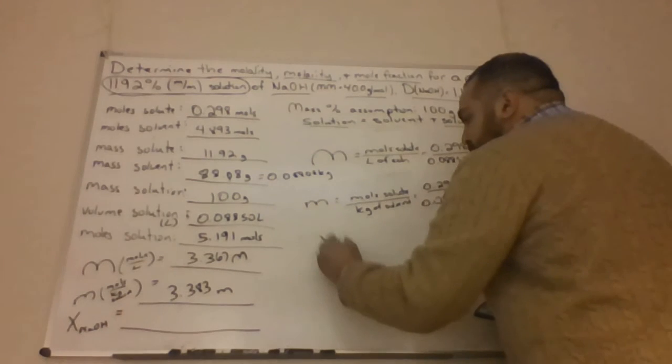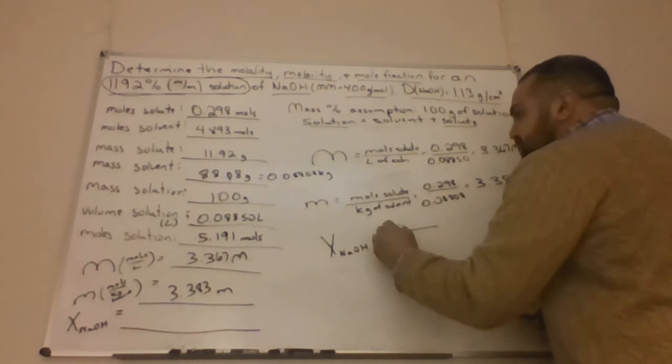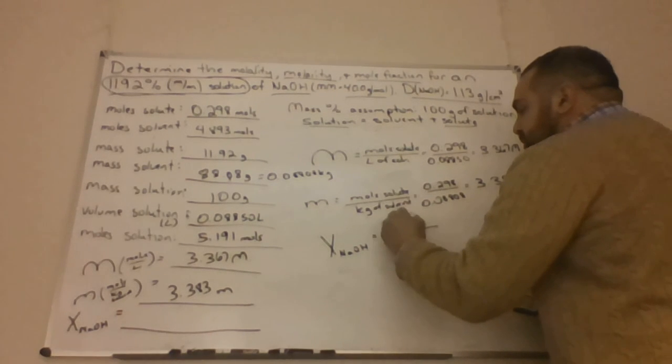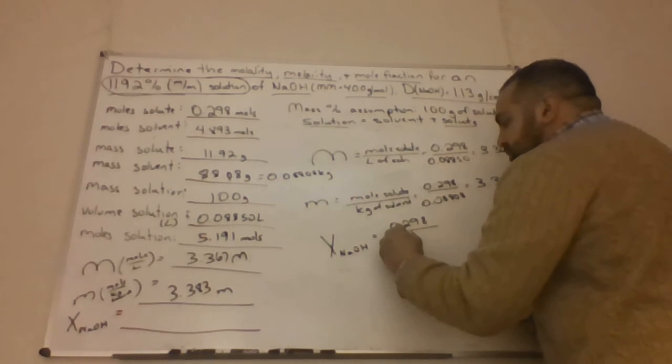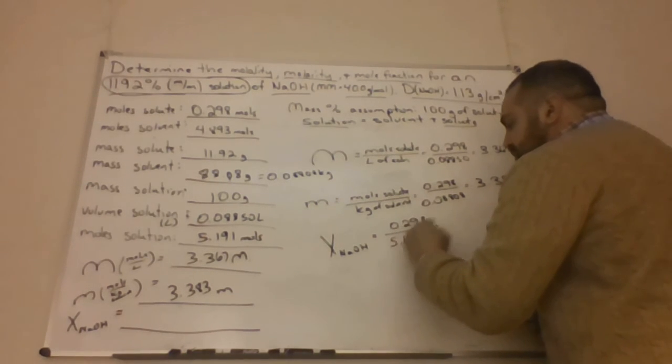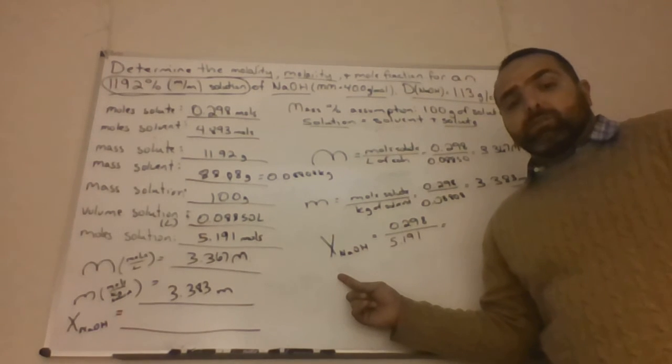Now, mole fraction, we take the moles of solute, which is 0.298, and divide it by the moles of solution, 5.191. Now, mole fraction means it's a fraction, so it should always be less than 1.